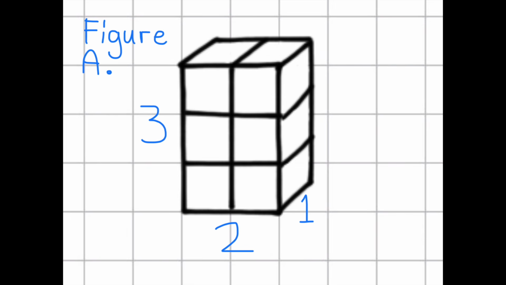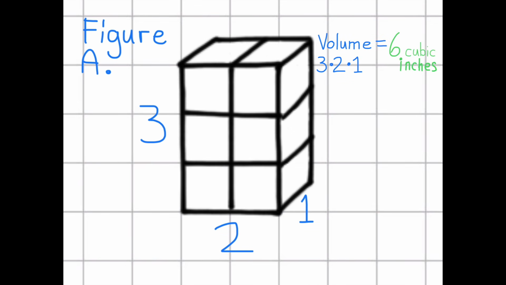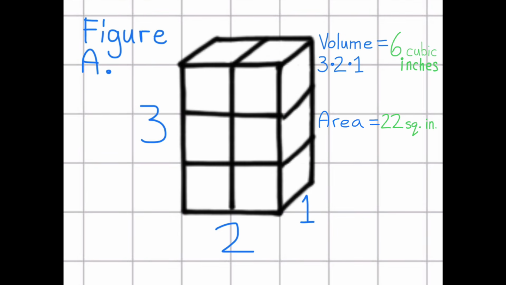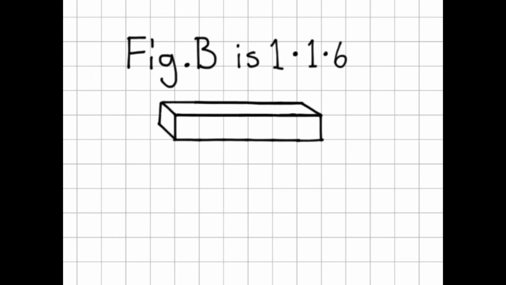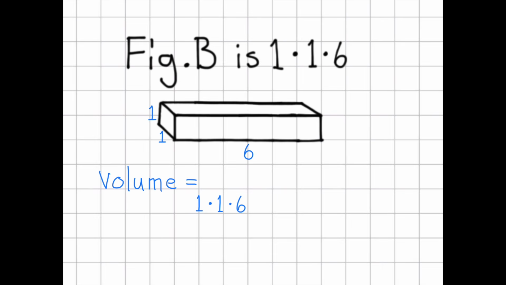Prism A is 3 by 2 by 1. So the volume of Prism A is 3 times 2 times 1, which is 6. The volume of figure A is 6 cubic inches. The area of Prism A is 22 square inches. Figure B is 1 by 1 by 6, or 1 times 1 times 6.